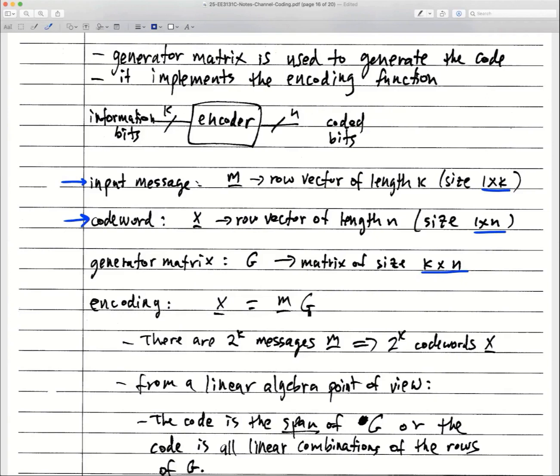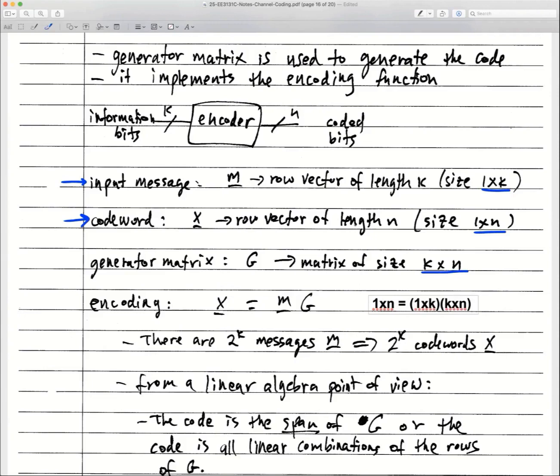If you remember your linear algebra, you know that when you do matrix multiplication, the sizes have to work out. So this is a 1 by k, and this is a k by n. That's good. Let me write that here. So this equation in sizes is 1 by n equals 1 by k multiplied by k by n.